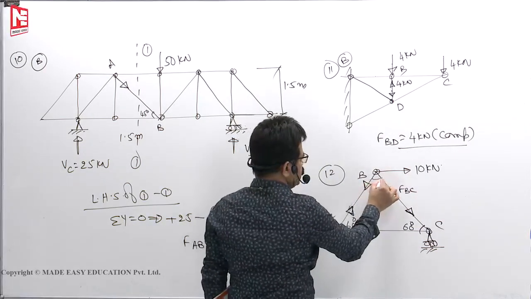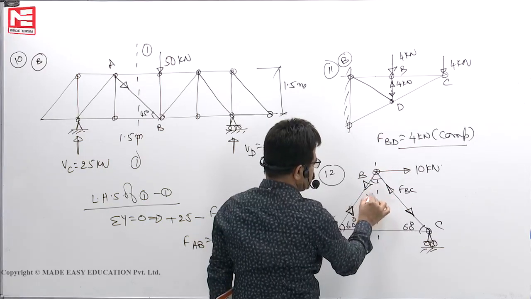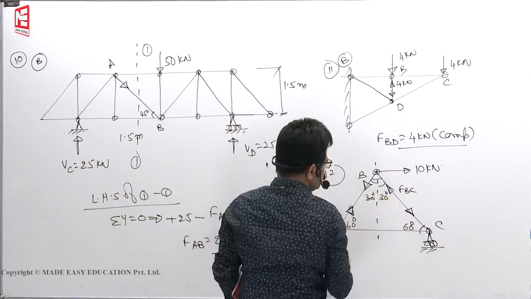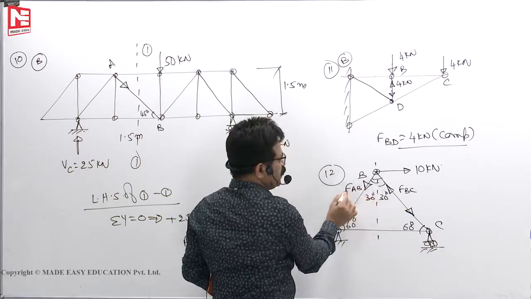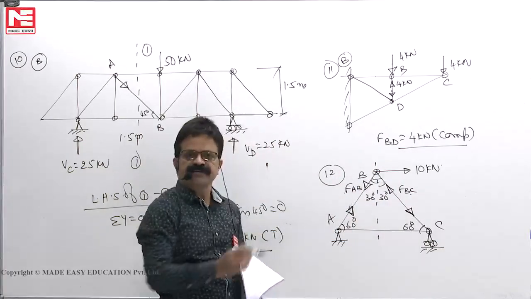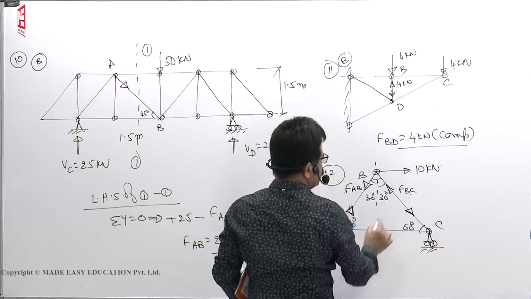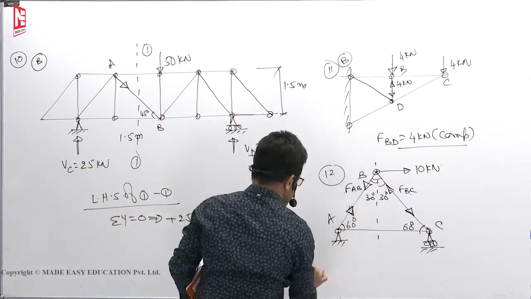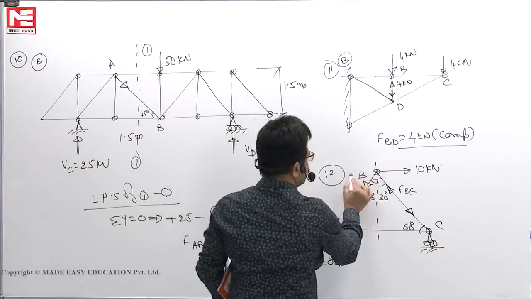60, 60. This is also 60. So this angle will be 30 degrees, 30 degrees. So from sigma y 0 consideration, FAB and FBC must be equal. Otherwise, sigma y 0 will not happen. So both of them are equal. One is compression, one is tension. Now apply sigma x 0.